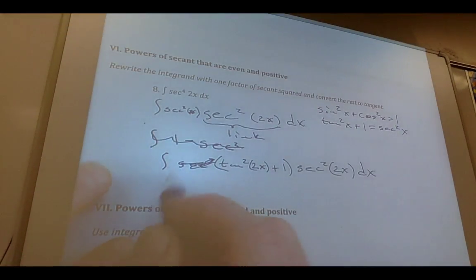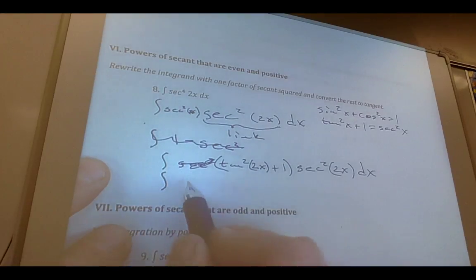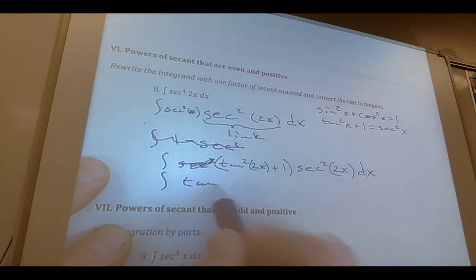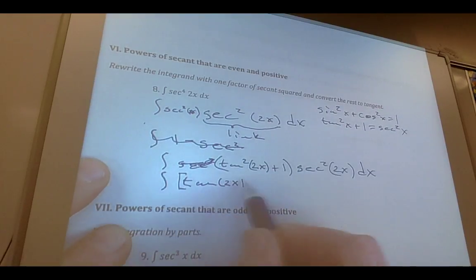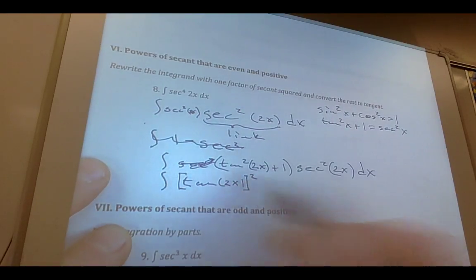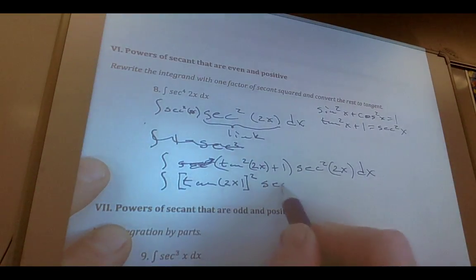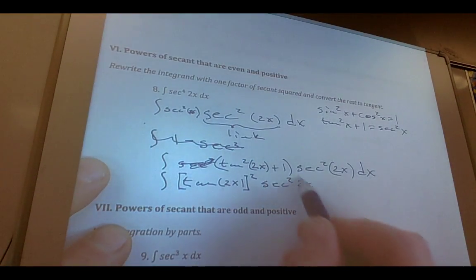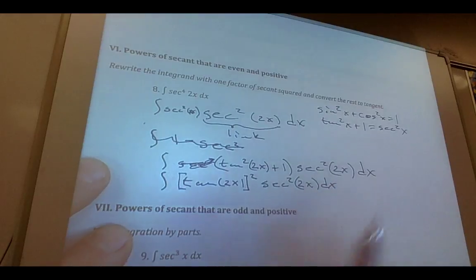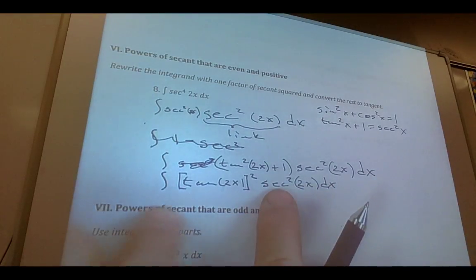So now, I'm going to break this into two integrals. And I'm going to call this the tangent of 2x, that quantity squared, secant squared 2x dx. So this is the link to the tangent.